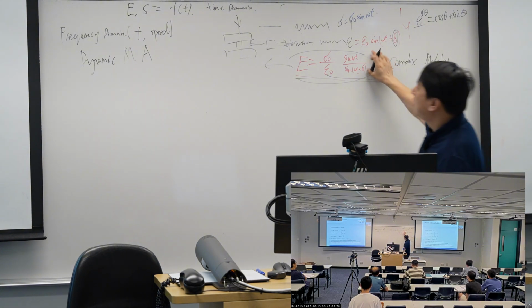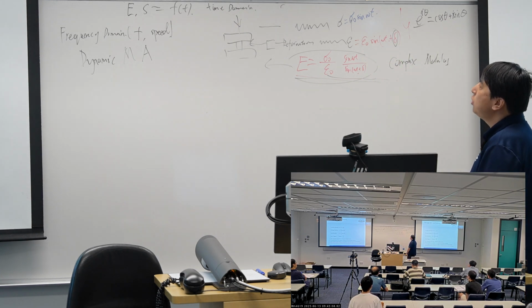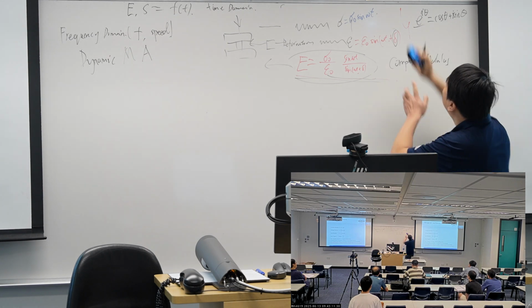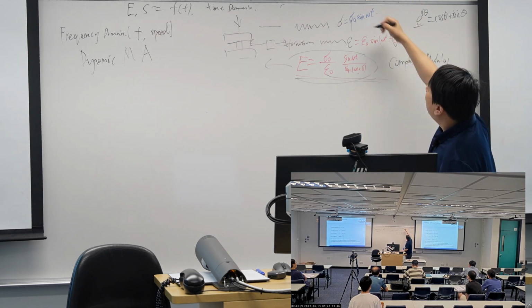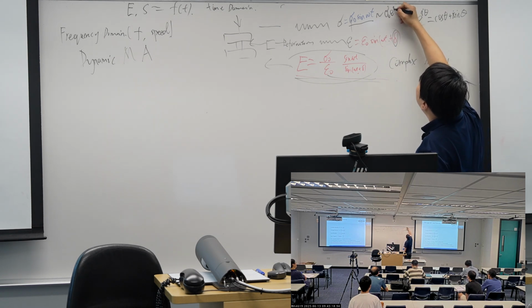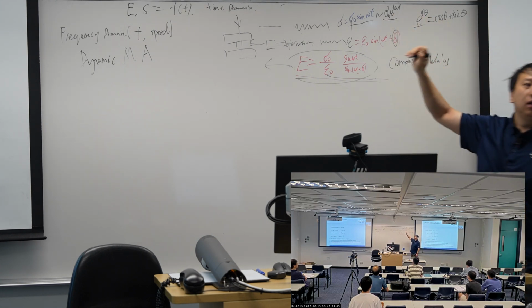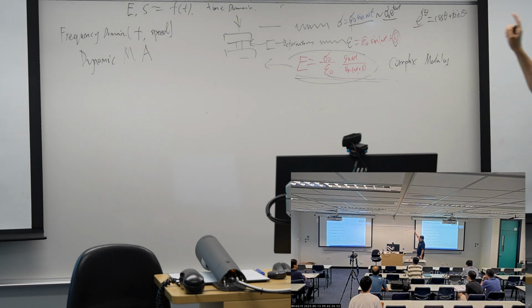So for example, if we write it down in the exponential way, our sigma we can write as sigma 0 e^(i omega t). Yes, we write it down in a complex way, and in the experiment we only observe the real part. The imaginary part will not be observed in our experiment, but in mathematics it does not harm.